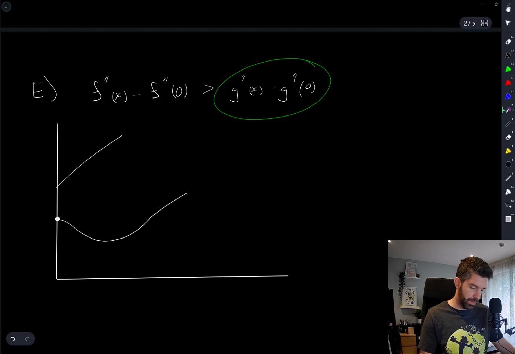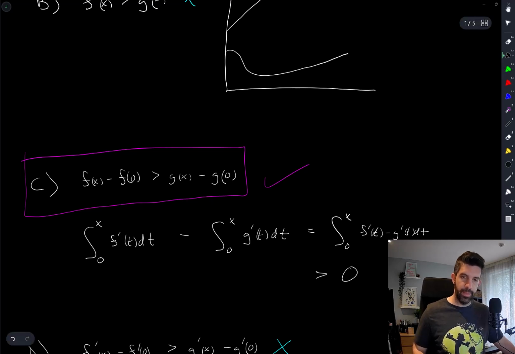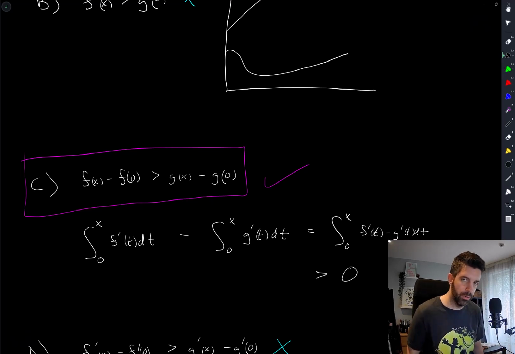So that difference is positive for some value of x, this one, and that's 0. So again, this option doesn't work. That's a counterexample that I've drawn. Yeah, option C is the only one that is true for all values of x.